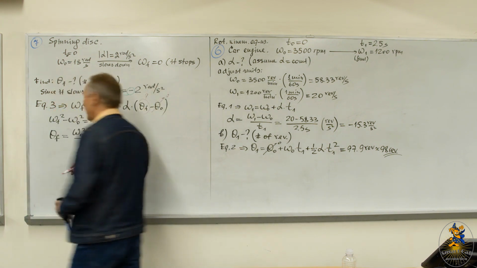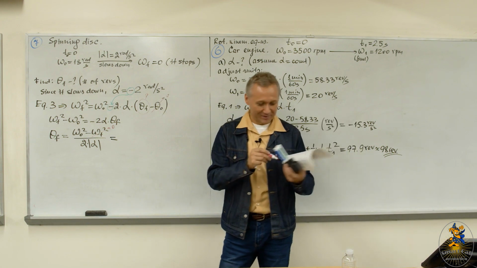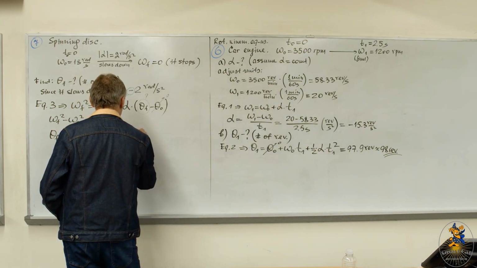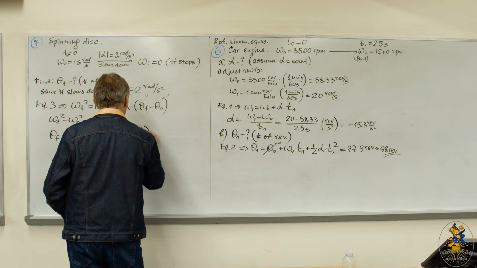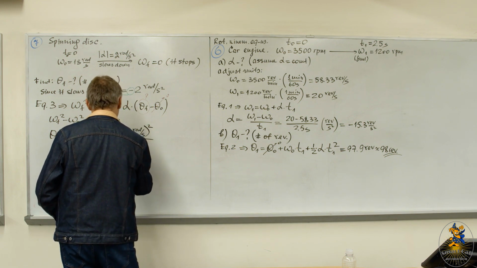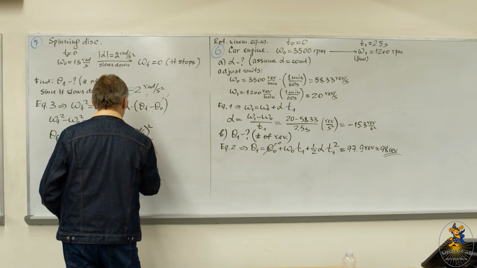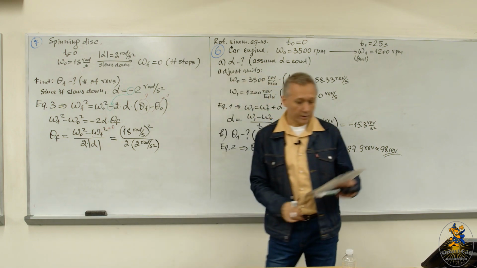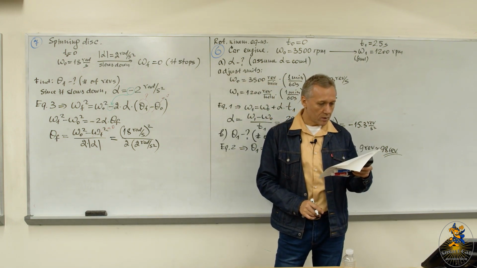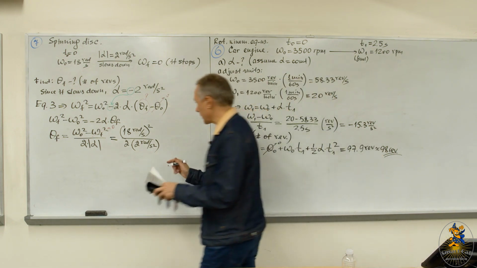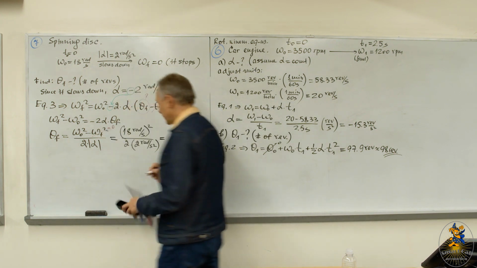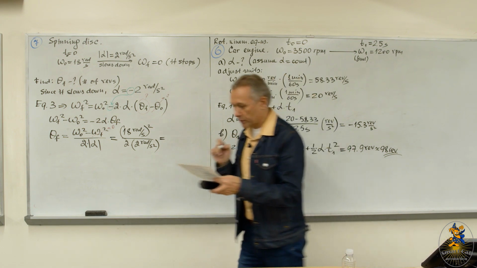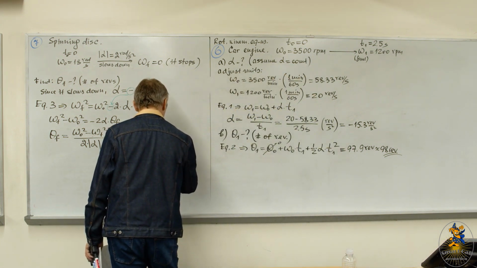So omega naught, it's 18 rads per second, squared, divided by 2 times 2 radians per square seconds. So you can calculate and you will get 81 radians.